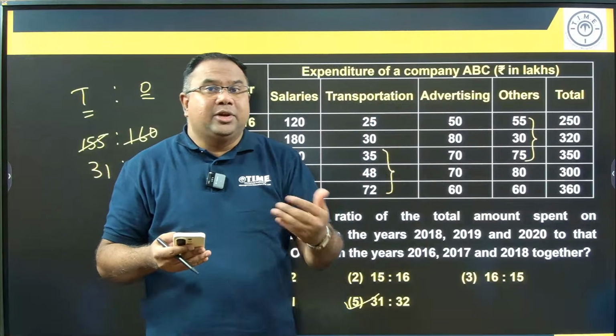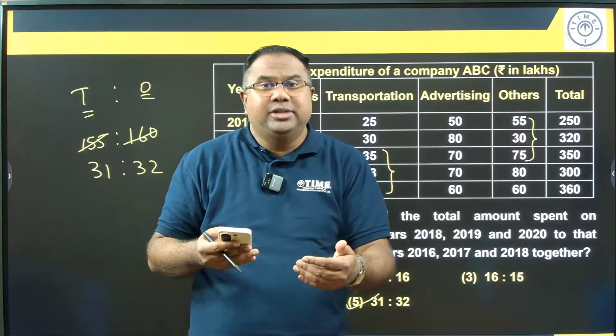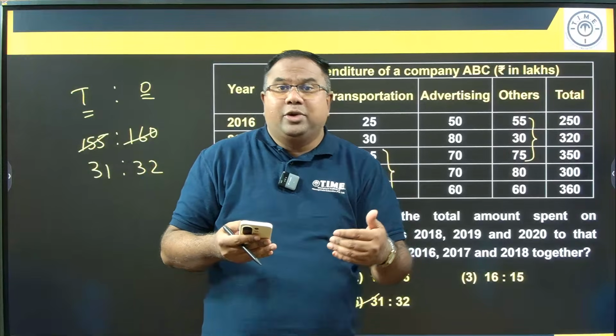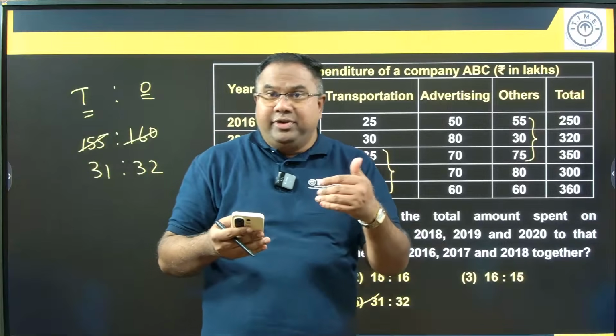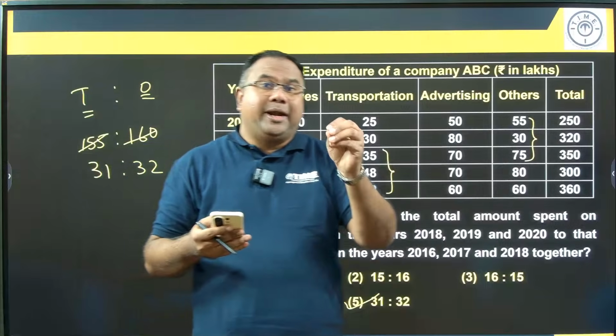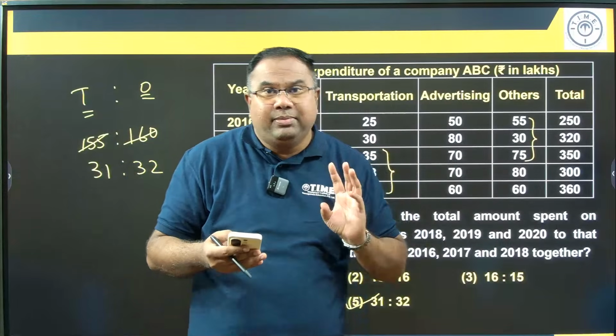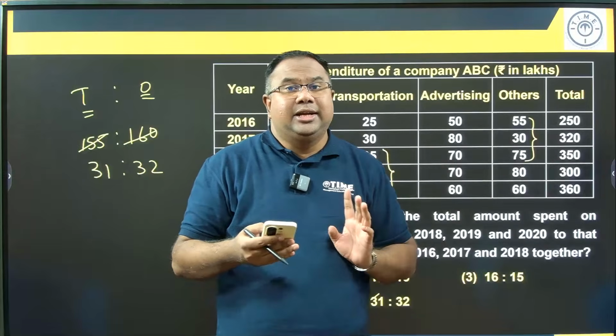You first answer the easier areas, like simplifications, approximations, quadratic comparisons. Then you do your individual questions, then series questions, then your DI. In DI also, the set which you have practiced more, start with that. Good at table, start with table. Good at bar graph, start with bar graph. Do not start with caselet.